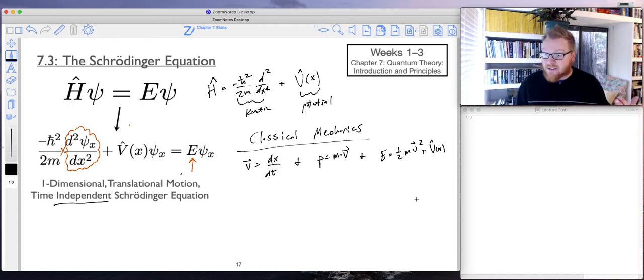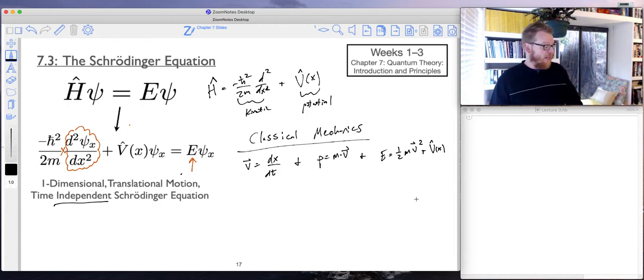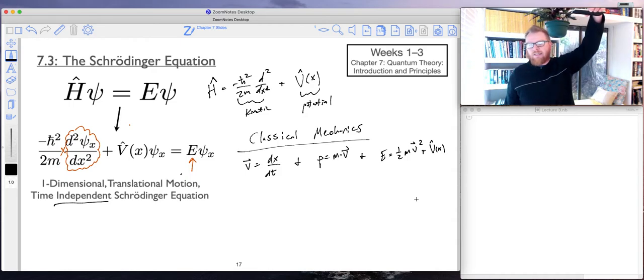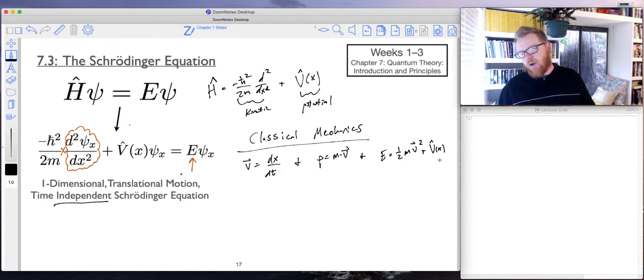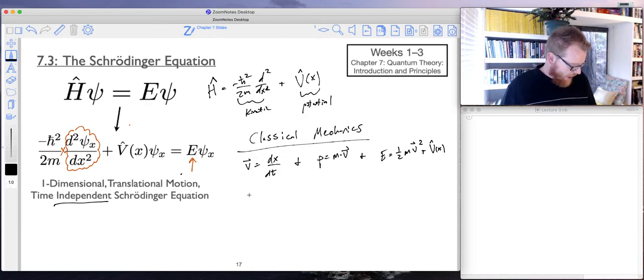It could be a constant, like perhaps I'm holding this object up here, and this would give me the gravitational potential, which would just be a constant. Or if there was some potential energy that was changing in time or position, we would have to put that operator in place.